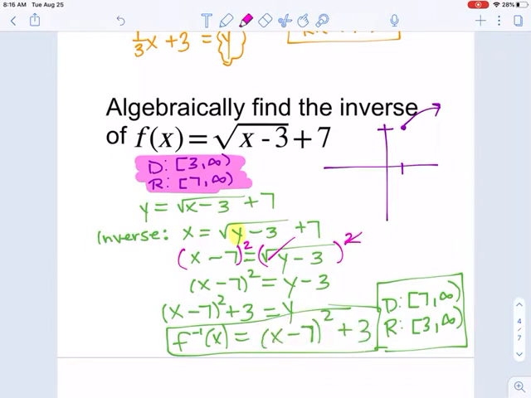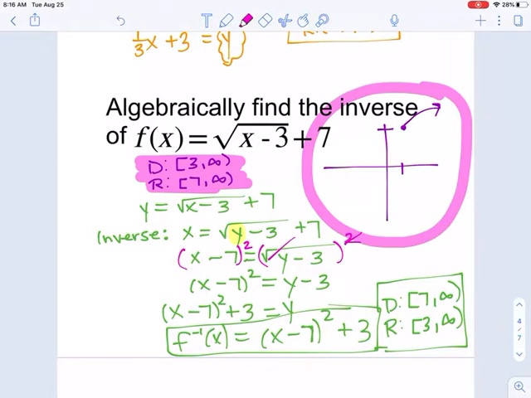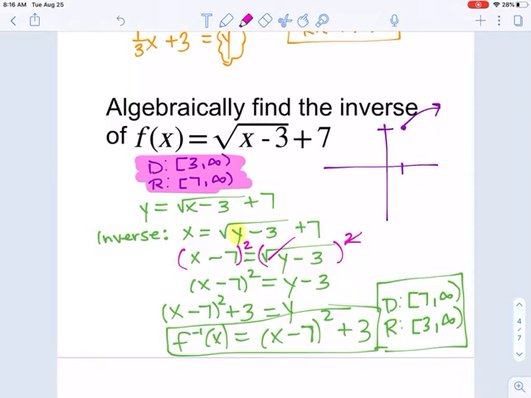Okay? Now, why is the domain restricted? Typically, yes, if we have a quadratic, its domain would be all real numbers. But remember, we started with this graph right here. And this graph was a radical, or shooting star, right? Well, something that we talked about in that preview assignment is that our graphs are reflected along that line y equals x. So if I were to go and graph the reflection, I would get this right here.